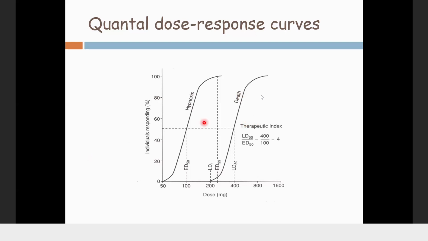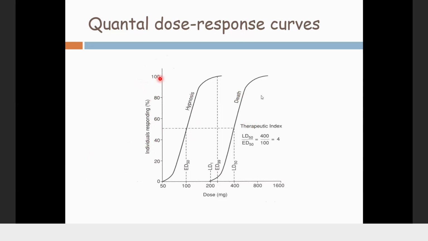So in this graph we have a quantile dose response curve. The y-axis shows the individual animals responding to a particular effect.